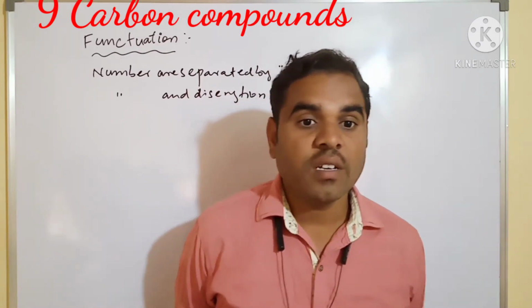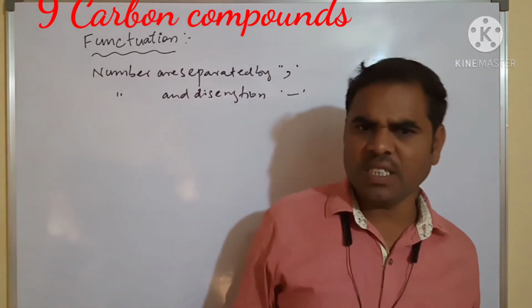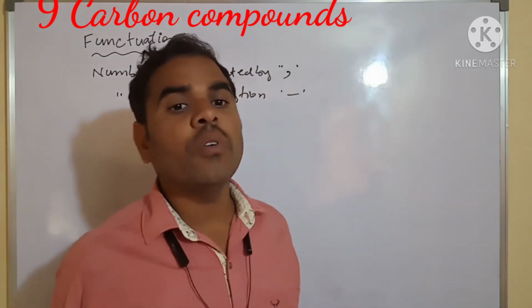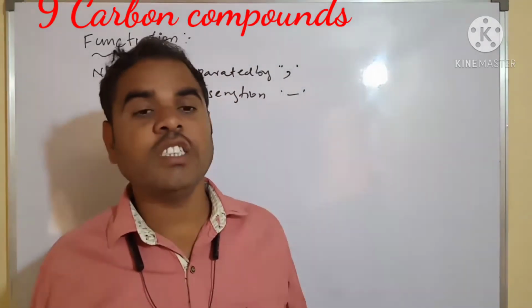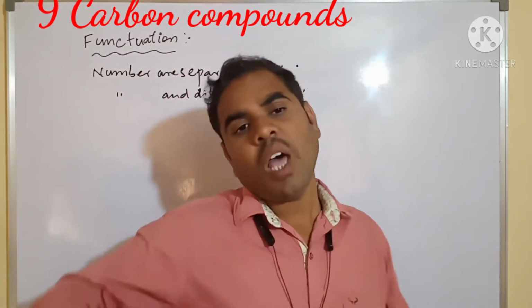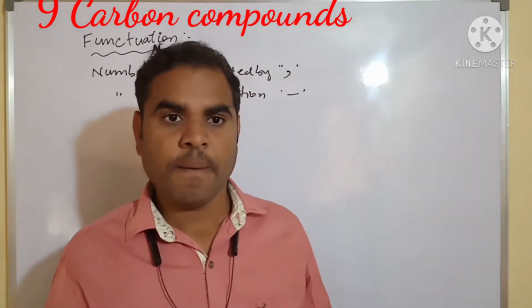For example, if a number of substituents are present in a carbon compound, we have to go by alphabetical order. For example, ethyl is there, methyl is also there. First ethyl, after that methyl. Okay.